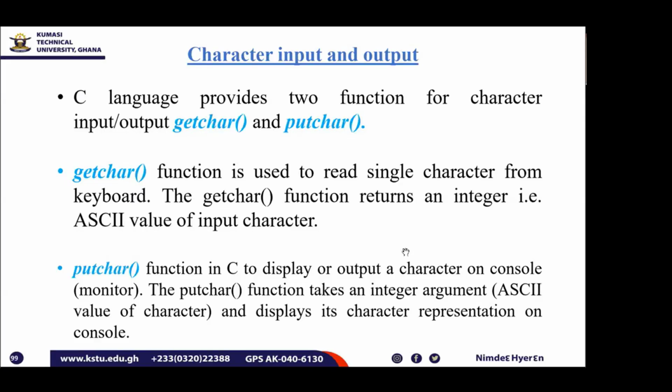The getchar function returns an integer, that is the ASCII value of the input character. That is the American Standard Code for Information Interchange. Then the putchar function is a display function. It is used to display or output a character on the console or the monitor. So kindly take note of that.